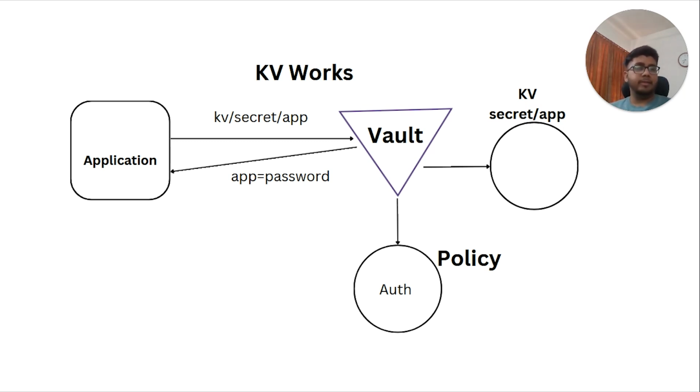If it has access, then it will get the value from the secret management database and pass it on to the application. Otherwise, if it doesn't have access, then it won't show. It's simple logic. But the main concern is that every Vault secret has a policy associated with it.